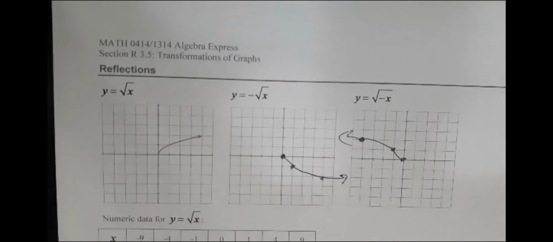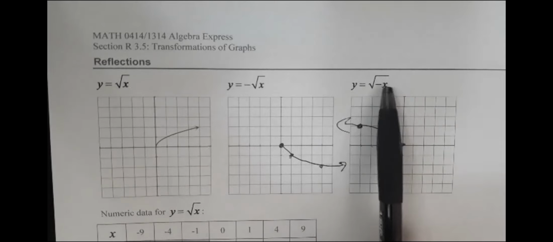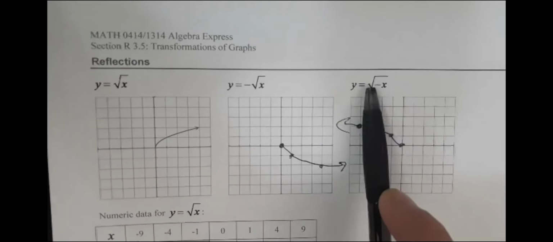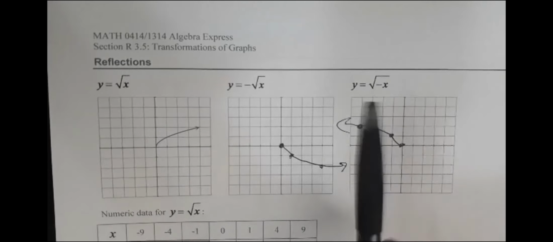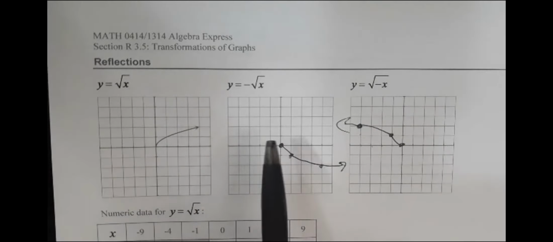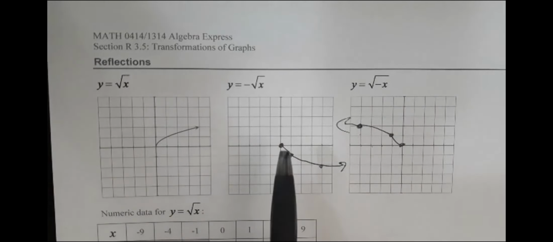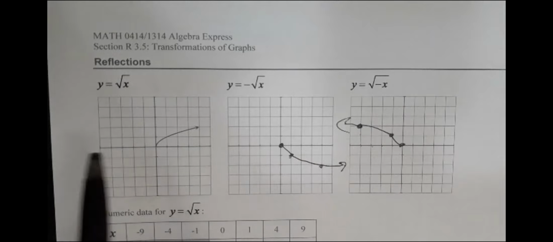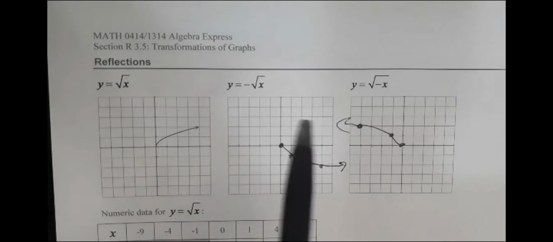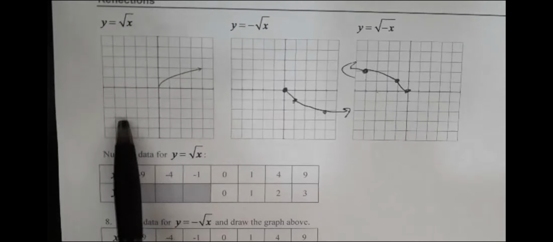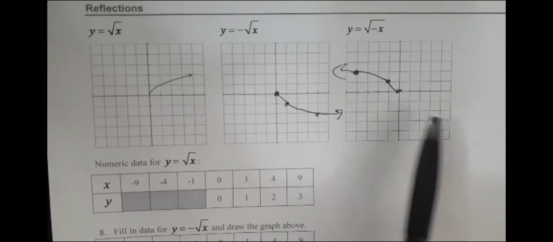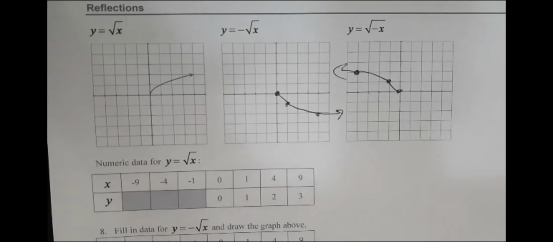The other one, the negative is right on that x. So we're looking at that. That is negating my x values. So all these positive x values going to the right are going to get flipped to negatives. All these negative x values would get flipped to the right. So we're flipping the x values left and right. We're flipping about the y-axis is the way that I sort of think about these things.